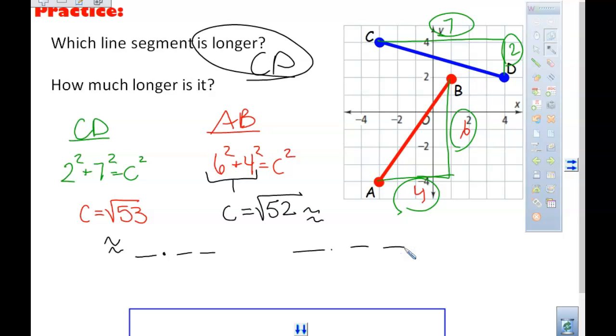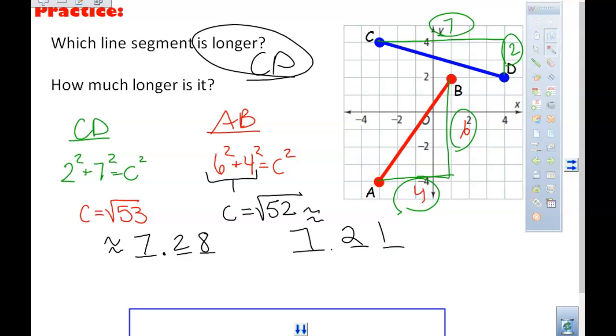So if I'm looking at those, I know the square root of 49 is 7, so it's a little over 7. So 7.53 was what? 2.8. Not much difference, right? Square root of 52, we ended up with 7.21. It says how much longer is it?